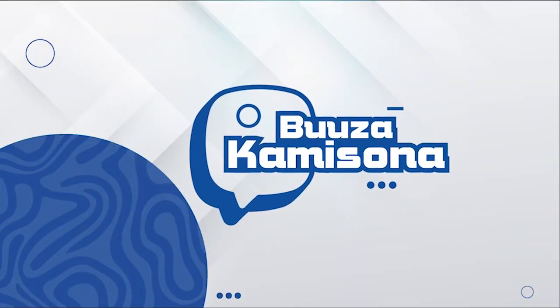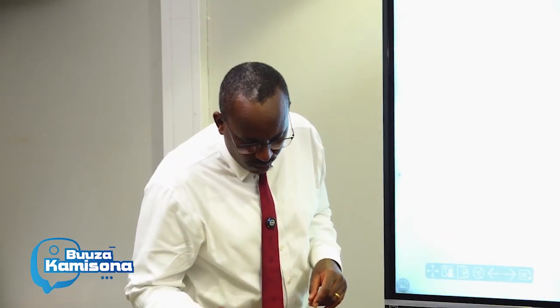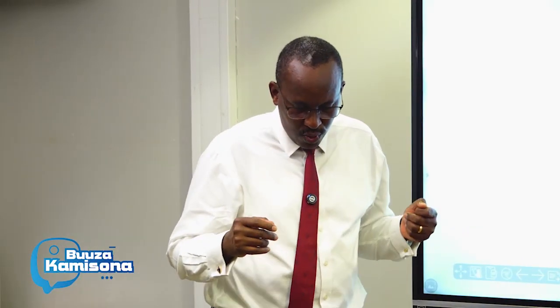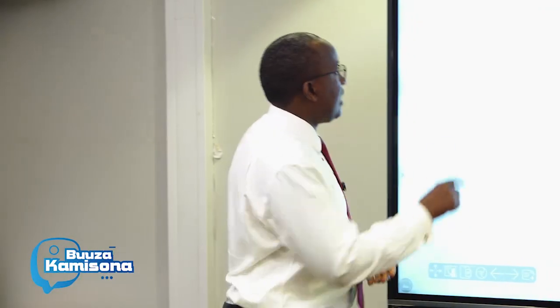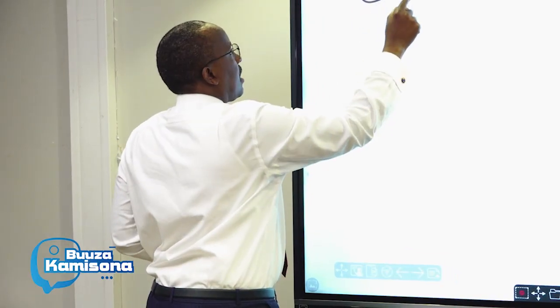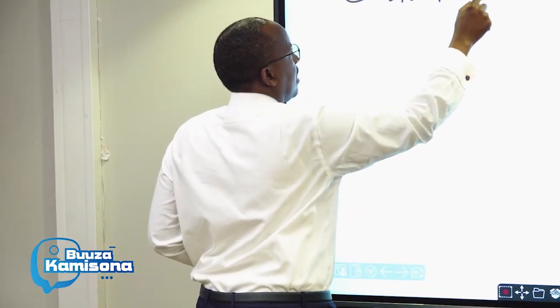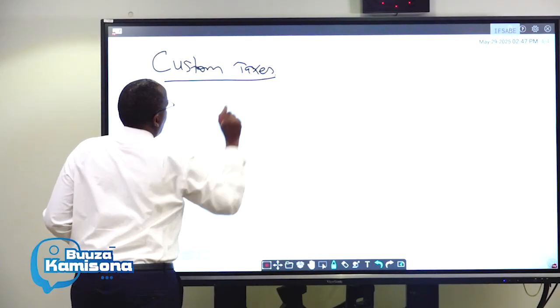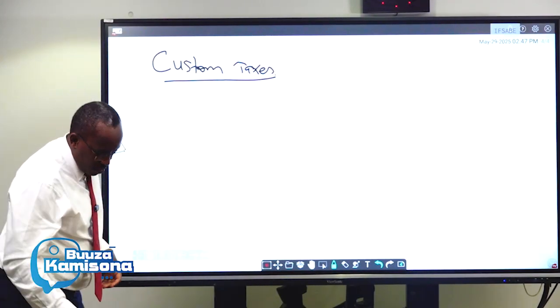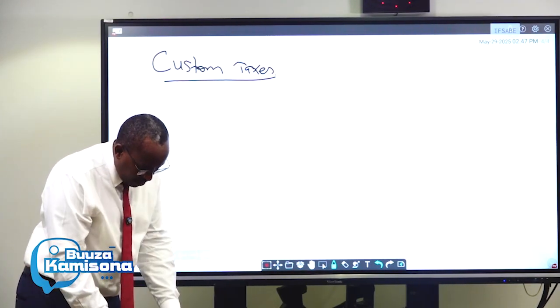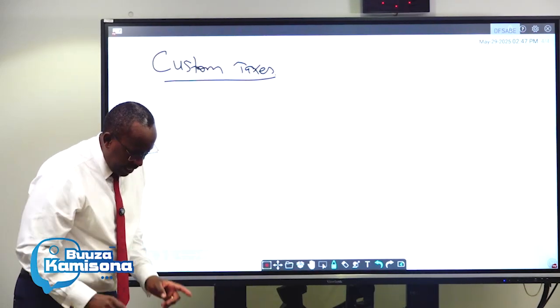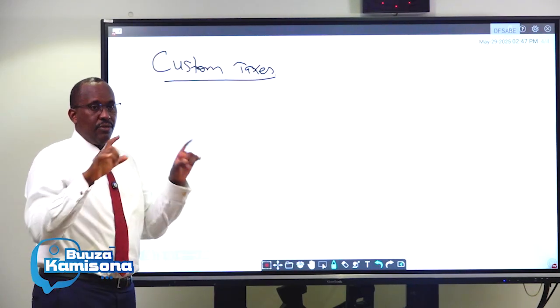Now, let's look at a quick example of customs duties. And these are a bit many. Customs taxes. So, first of all, the customs taxes are now determined at a regional level.